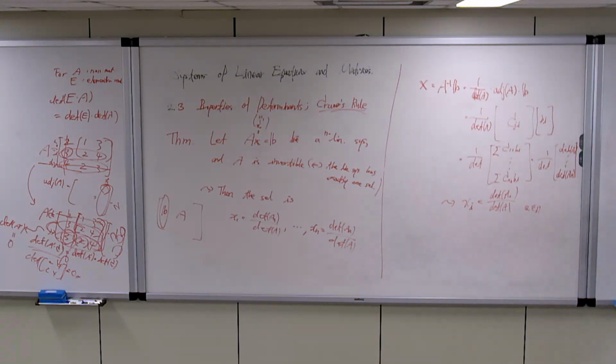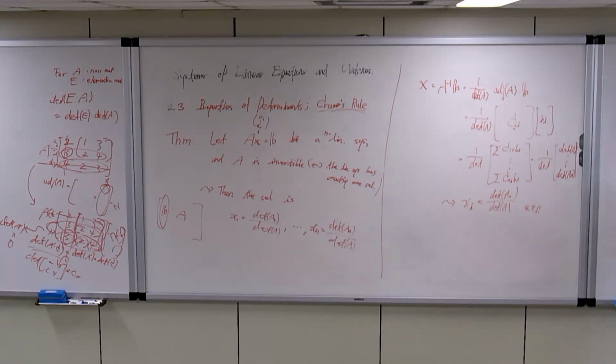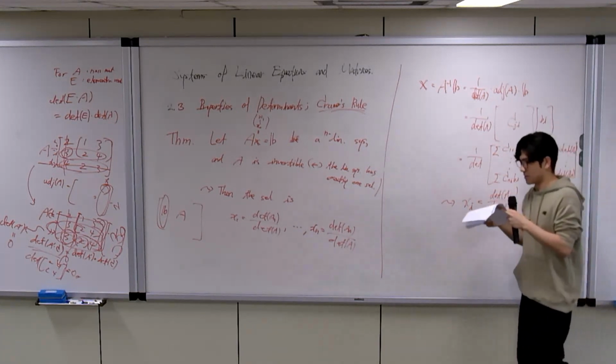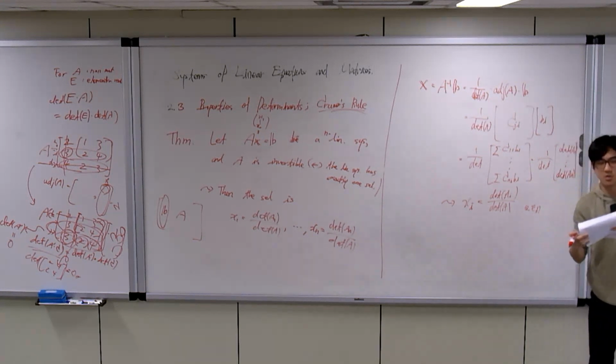I will skip the example, and in my notes, the final point is, until now I skipped some theorems, and one is about the triangular matrix. A triangular matrix's inverse matrix is also a triangular matrix.